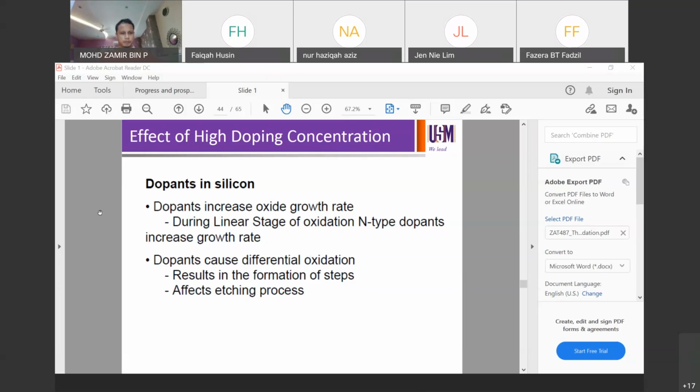Dopants cause internal differential oxidation as well, which results in formation of steps that affect the etching process. So later on you will see throughout the fabrication process, there'll be some processes which use selective doping.